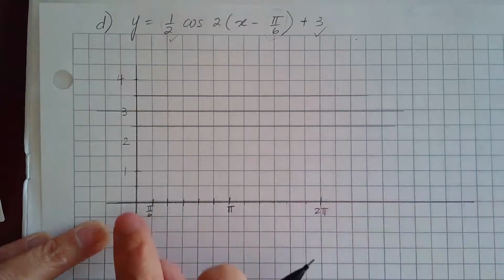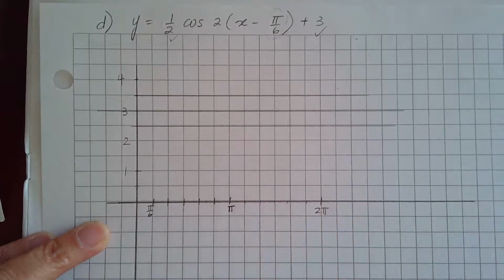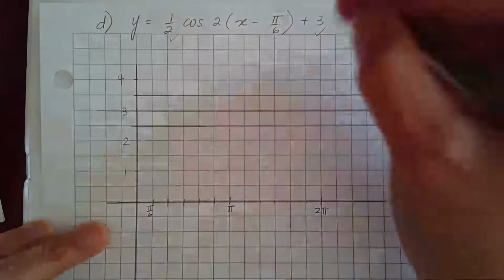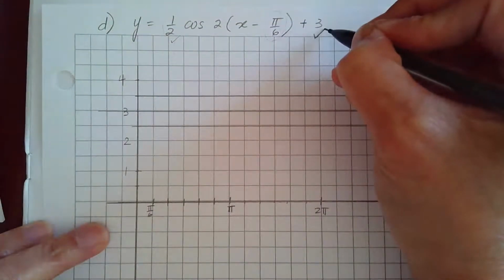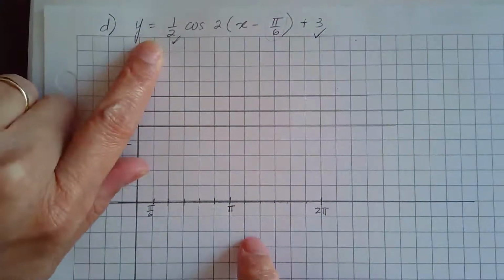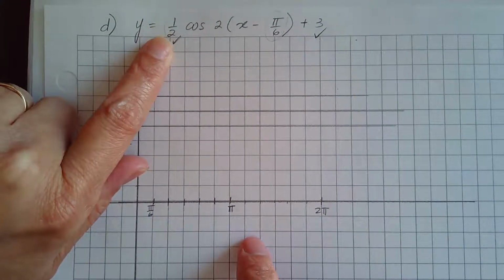So what does that look like? We've done our median line at 3. We've dealt with our amplitude of a half.